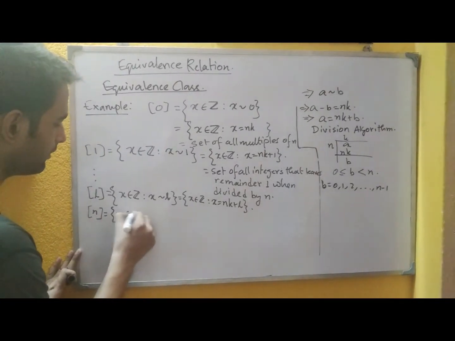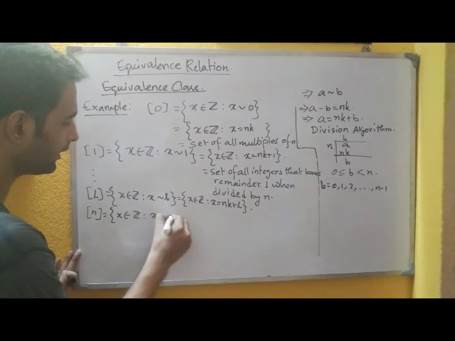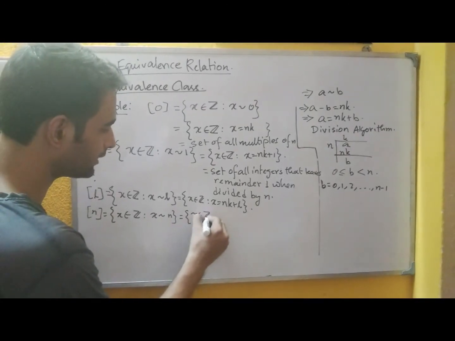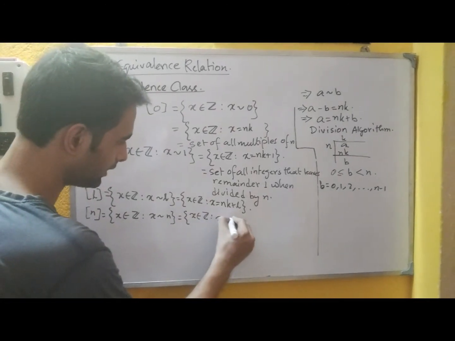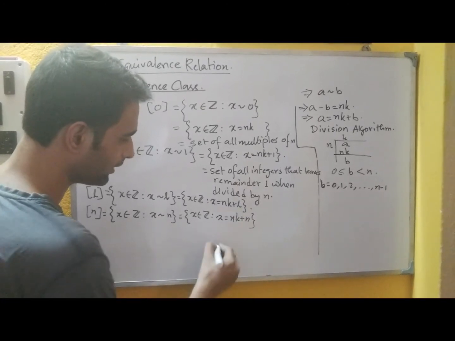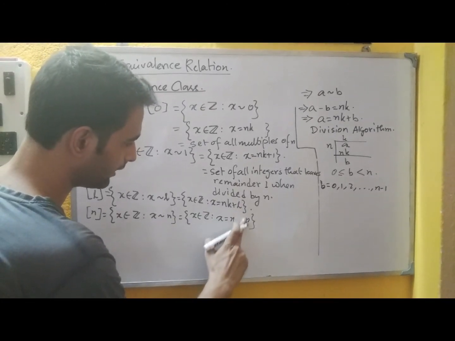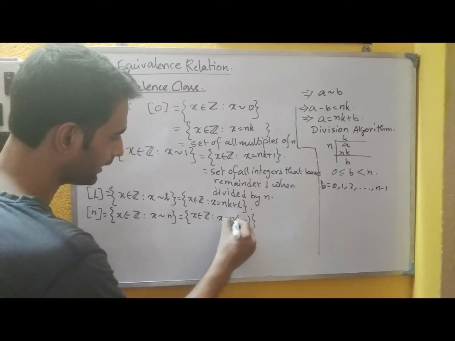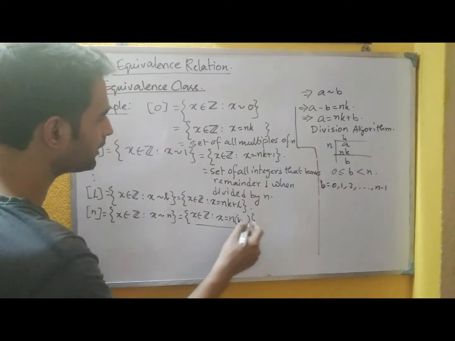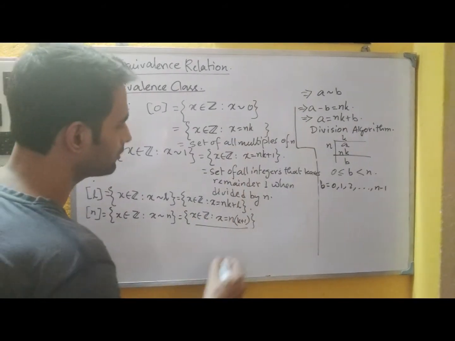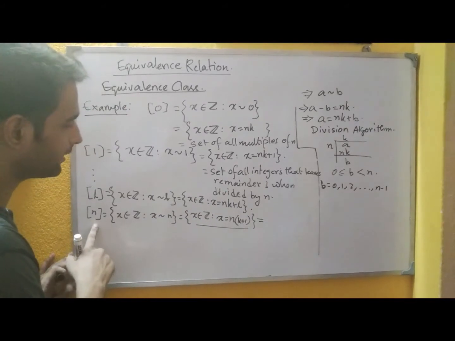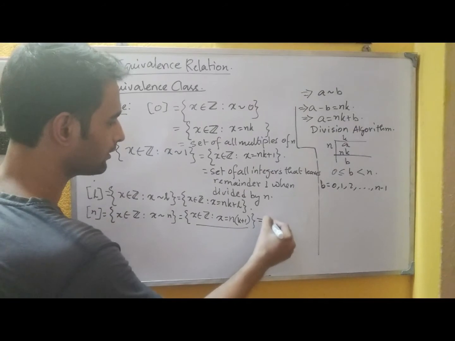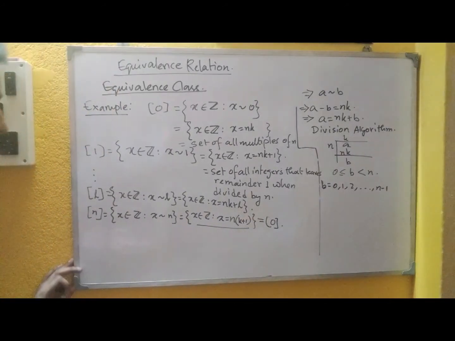See, it is saying that the remainder in this case will be n, and if the remainder is n, we can do another step for the division, and we will see that it will be nk plus n, and in this step if you take n common, we will get n into k plus 1. That is saying that it is again coming in the multiple of n form. So all the elements of class n will be the same with the elements of the class 0. So we can say class n and class 0 are equal.